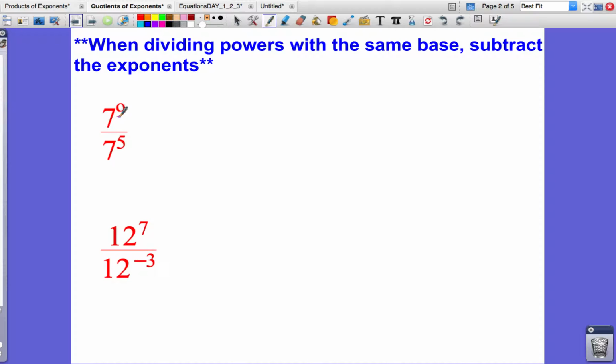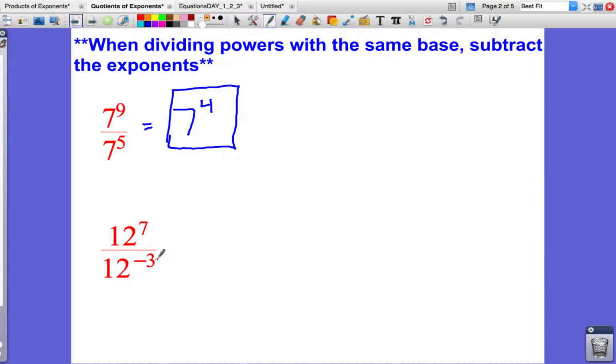Or I could just look at my exponents, because these both have the same base of 7, and subtract them. I have 9 and 5, so I can just do 9 minus 5, which gives me 7 to the fourth power. Okay, and I'm done. That's all I have to do.